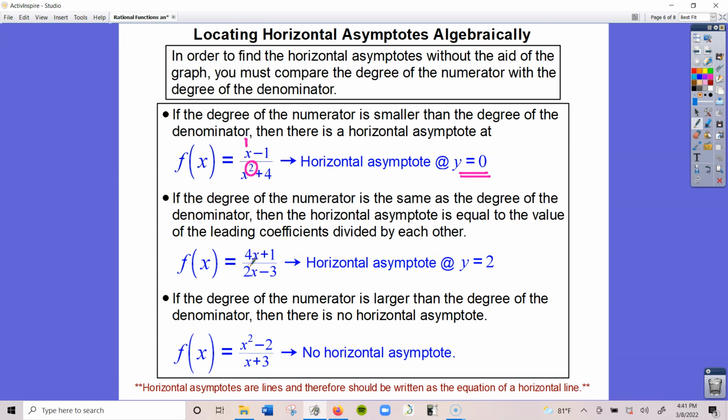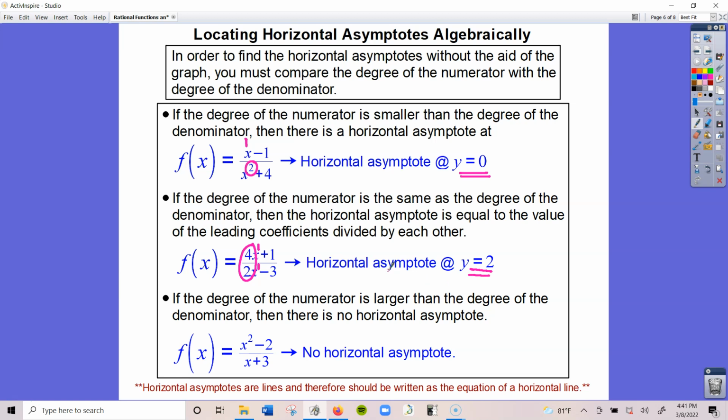Now, if the degrees are equal, you see here how the highest exponent of x is 1, and here is also 1. Then what we do is we take the coefficients that are attached to those x values, and we divide them. 4 divided by 2 is 2. If it was any other numbers, let's say if it was 6 over 2, then it would be 3.